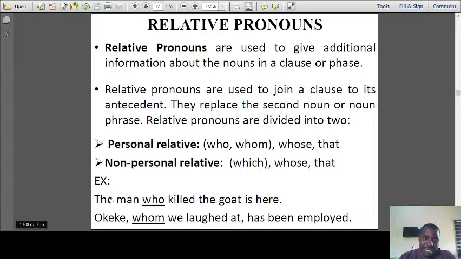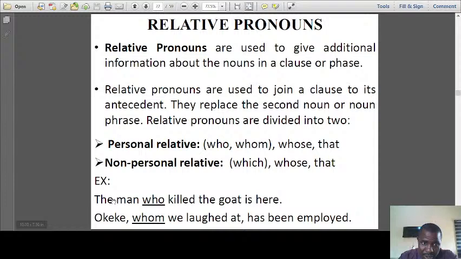Now look at the sentence here. The man who killed the goat is here. Now this "who," what is it functioning as? It is standing in the place of the second noun. Remember that the second noun, used to give additional information to the first noun, is being replaced.